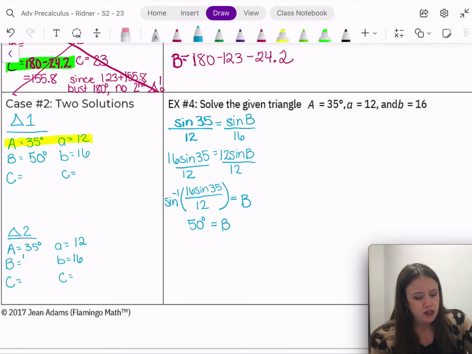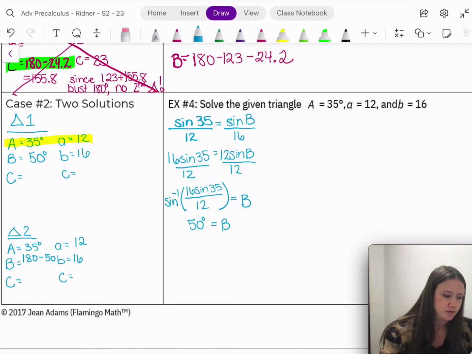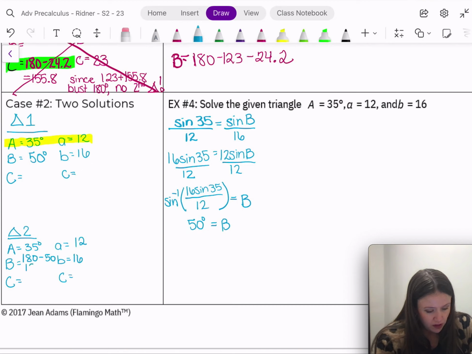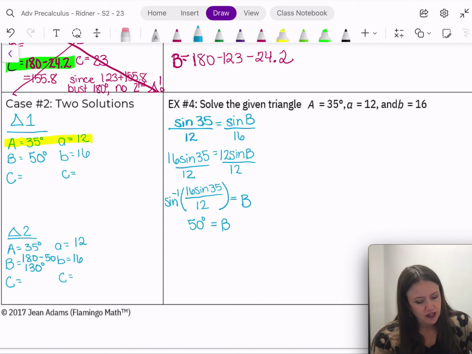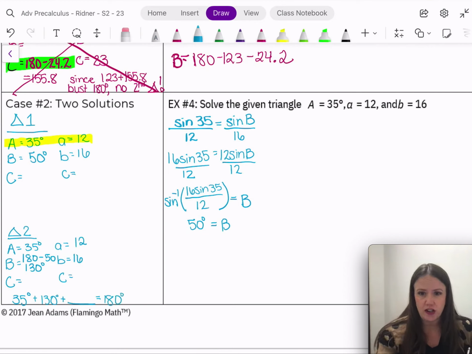For angle B, I'm going to do 180 minus 50. And that's going to give me 130 degrees. So I check that out. Can I have a triangle that has 35 degrees, has 130 degrees, has some room for a third angle, and it is still under 180 degrees?